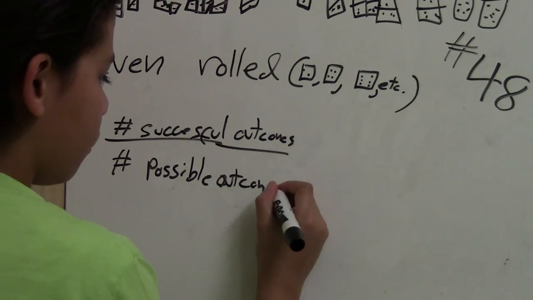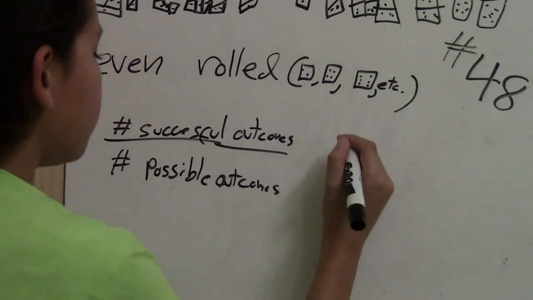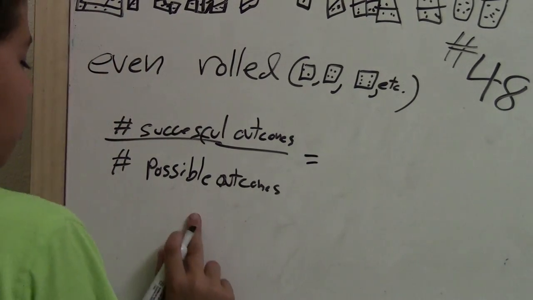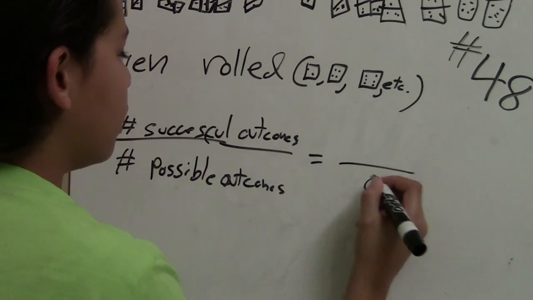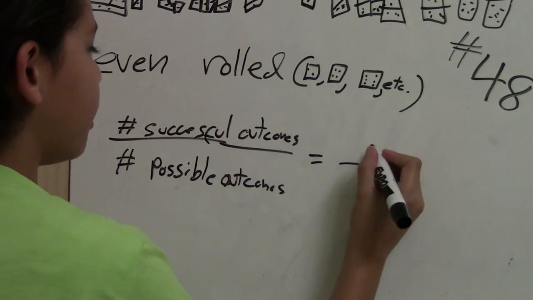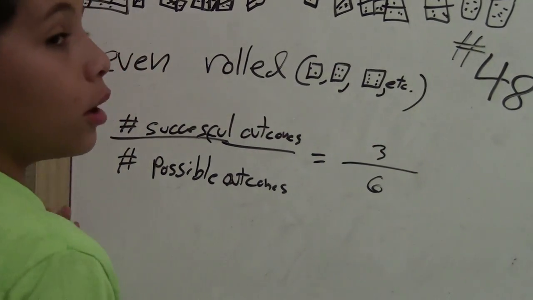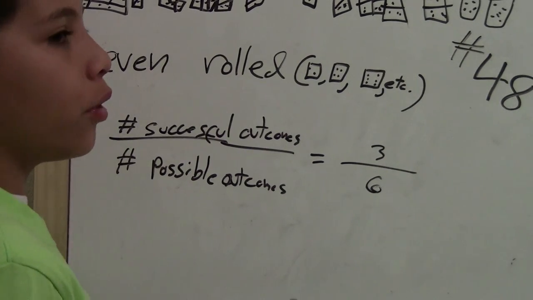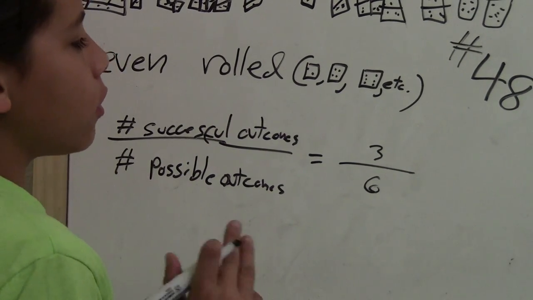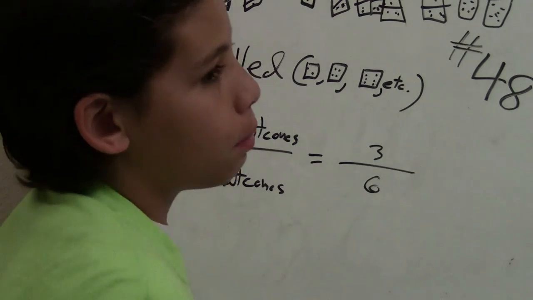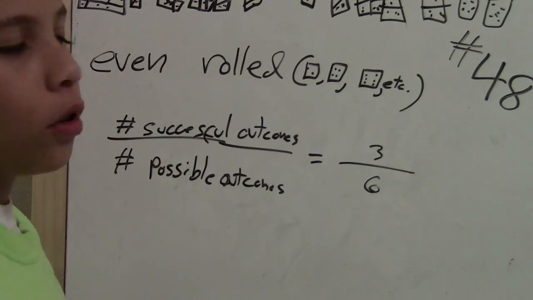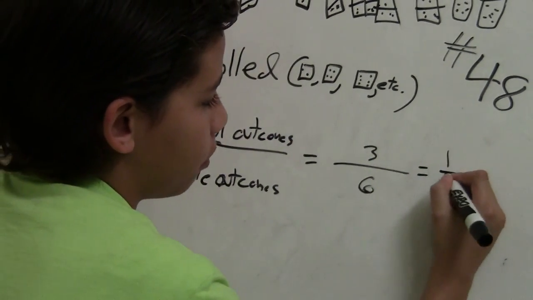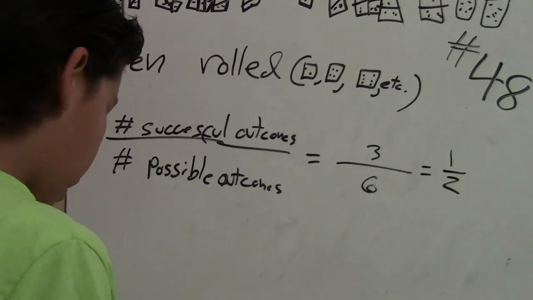There are 6 possible outcomes, and there are 3 even, so it's 3. Now remember, we won't leave it as 3 over 6. If we simplify it, it will be 1/2.